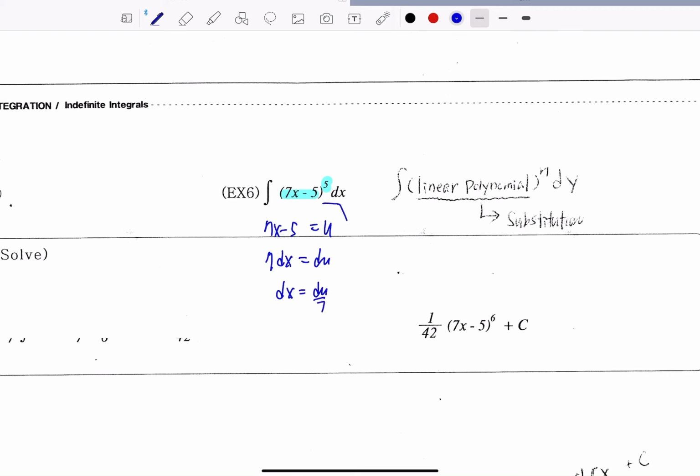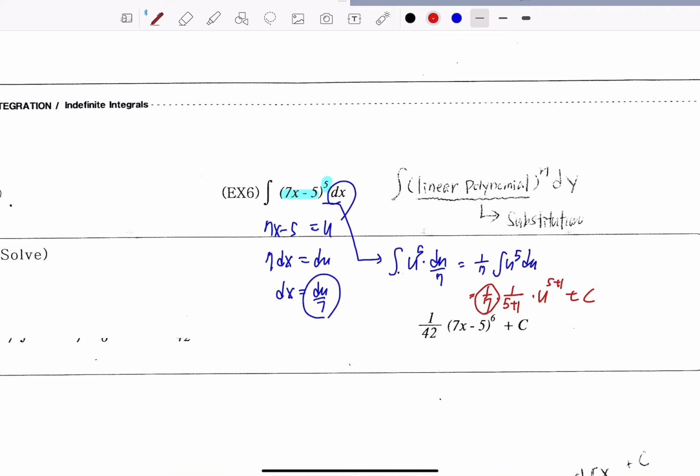And then you rewrite the original integral. Integral u to the 5th power, dx means du over 7. So it's going to be 1/7 integral u to the 5th power du. Now you can use power law of integration. 1 over the original exponent 5 plus 1 times u to the original exponent 5 plus 1 power plus c.